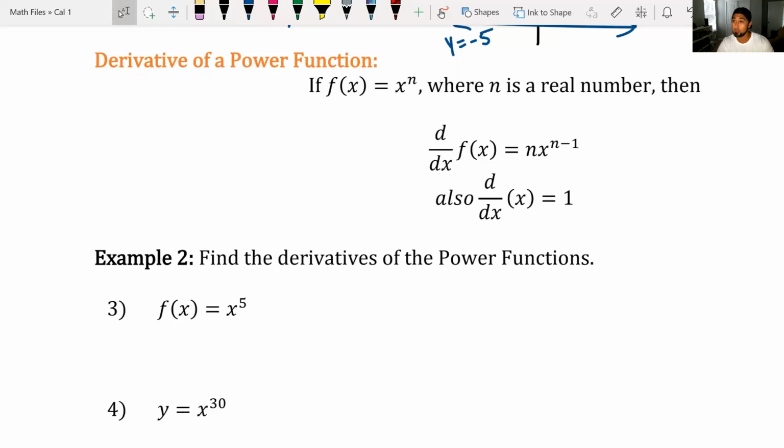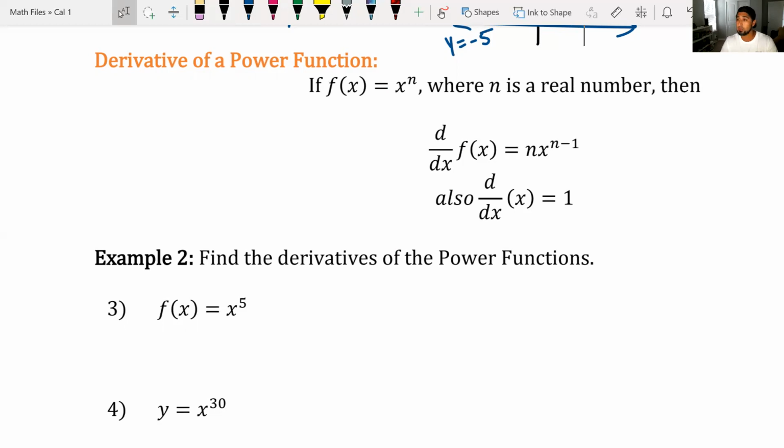So all we do is take the power, bring it down, and subtract 1 from the original power that was there. Of course, I will go over it with you in the next examples, but the power rule for derivatives is your new best friend.